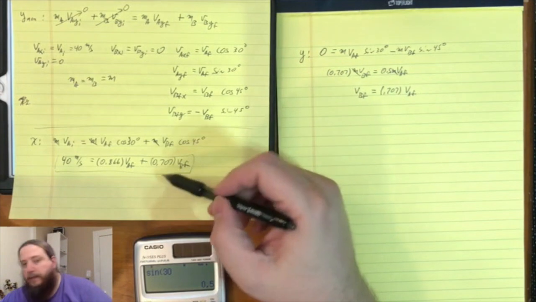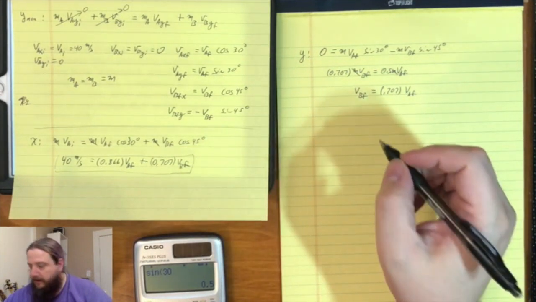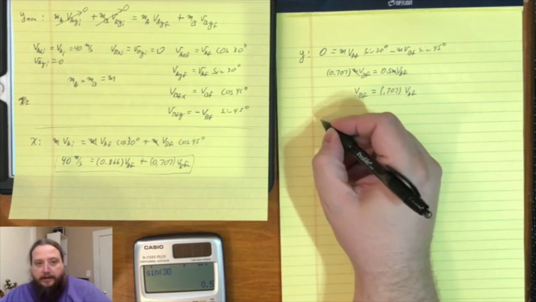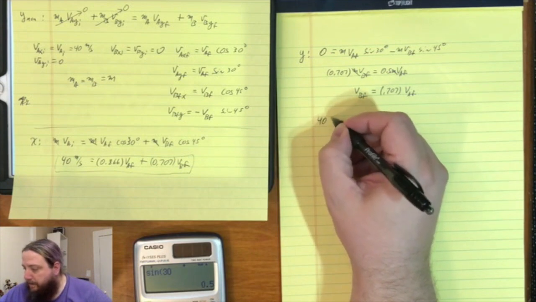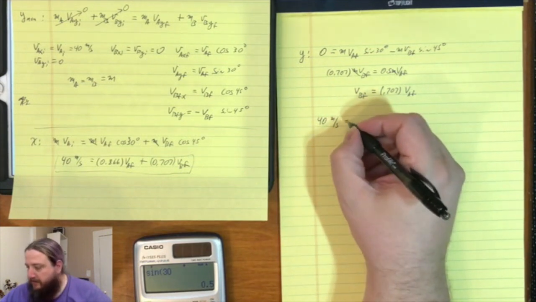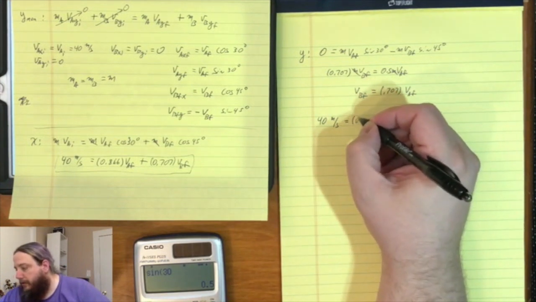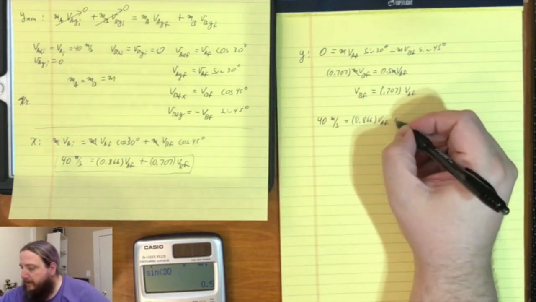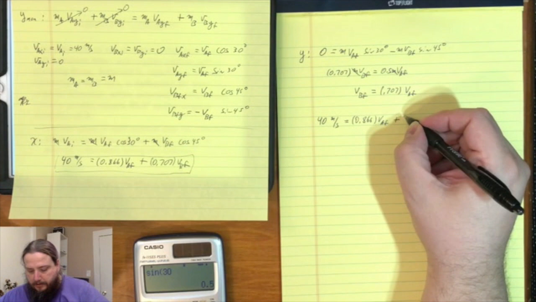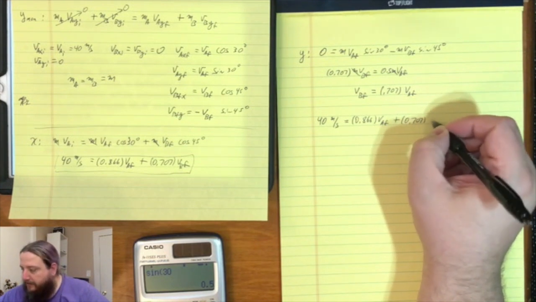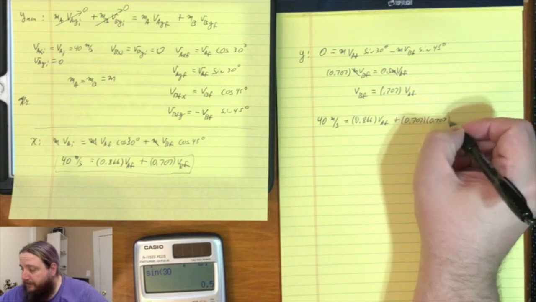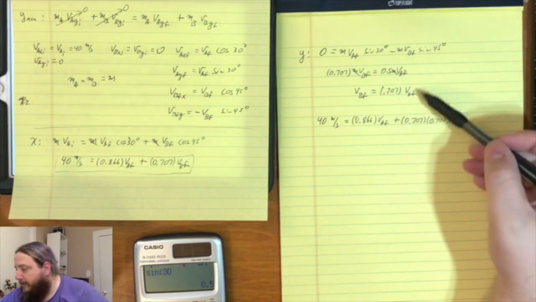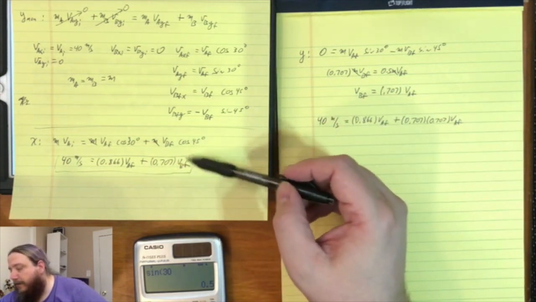And if we go back to this equation and bring it over with the replacement, so again we go 40 meters per second is equal to our 0.866 final velocity of A plus 0.707 times 0.707 velocity A final, where we took this and plugged it in for velocity B final.